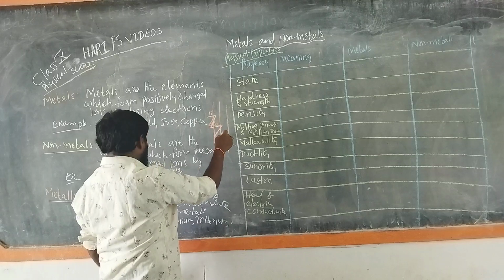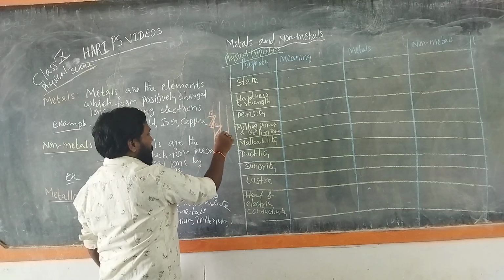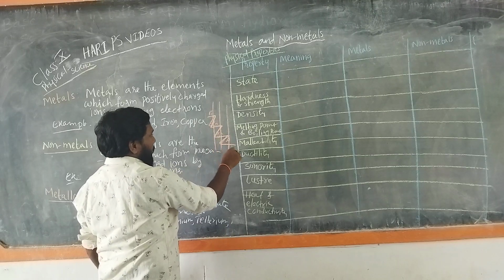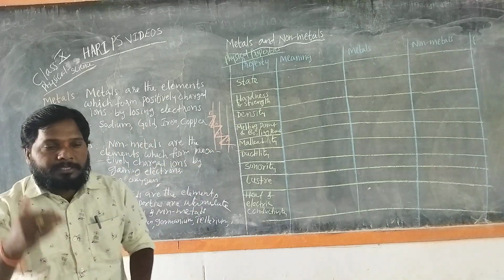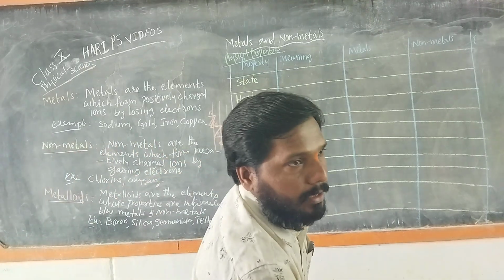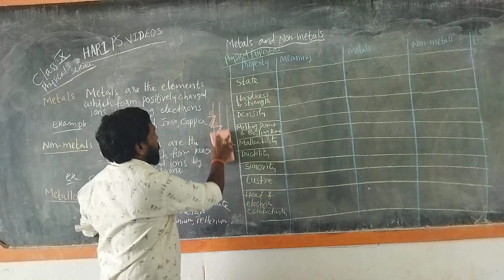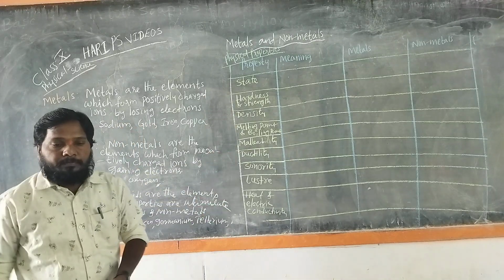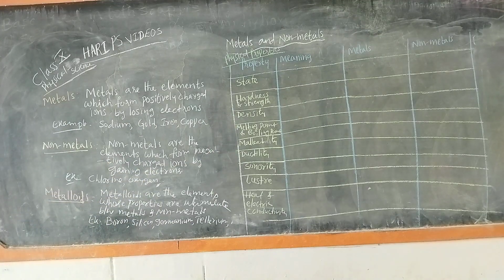Boron, silicon, germanium, arsenic, like that, are arranged in a stepwise manner. Just wait, I will give some clarity.